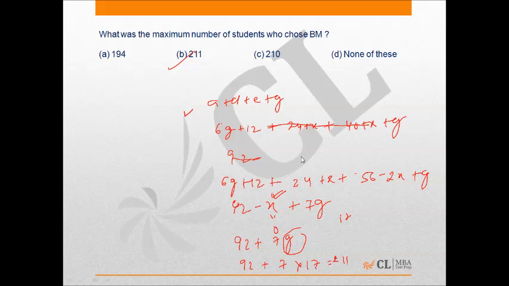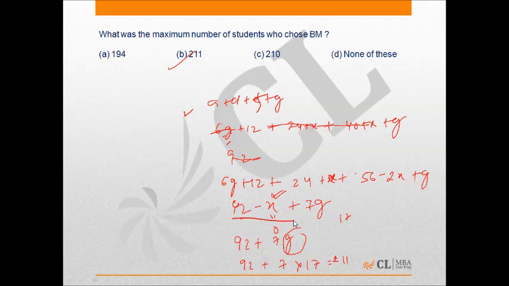It is A plus D plus F plus G. We know that A is 6G plus 12, D is 24 plus X, F is 56 minus 2X, and plus G. This comes out to be 92 minus X plus 7G.